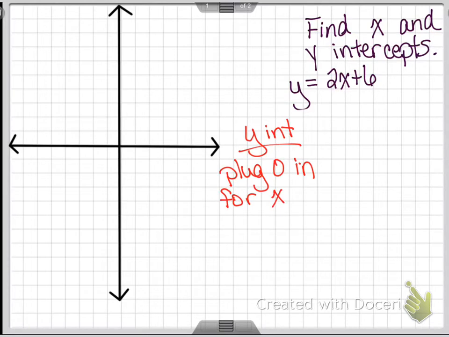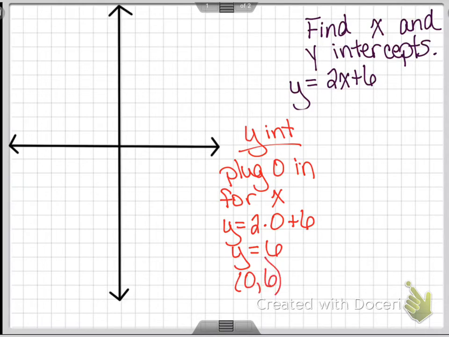Okay? So I'm going to have y equals 2 times 0 plus 6. 2 times 0 is 0. Okay? So 0, 6 is my y-intercept. And there's the point right there.